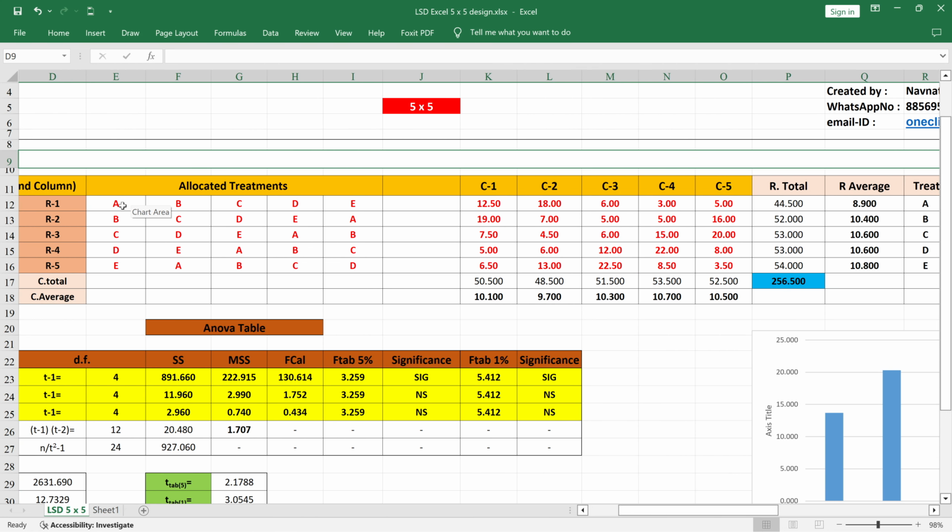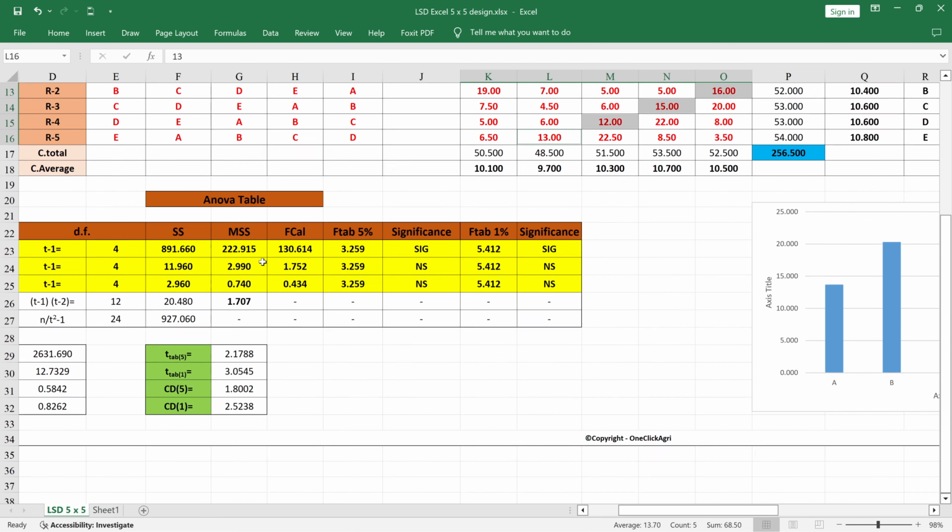I'll show you, this is the A, so I will select this A. Then another A is here, this is the A, another one, this is A and A. Okay, 1 2 3 4 5 A's are there.